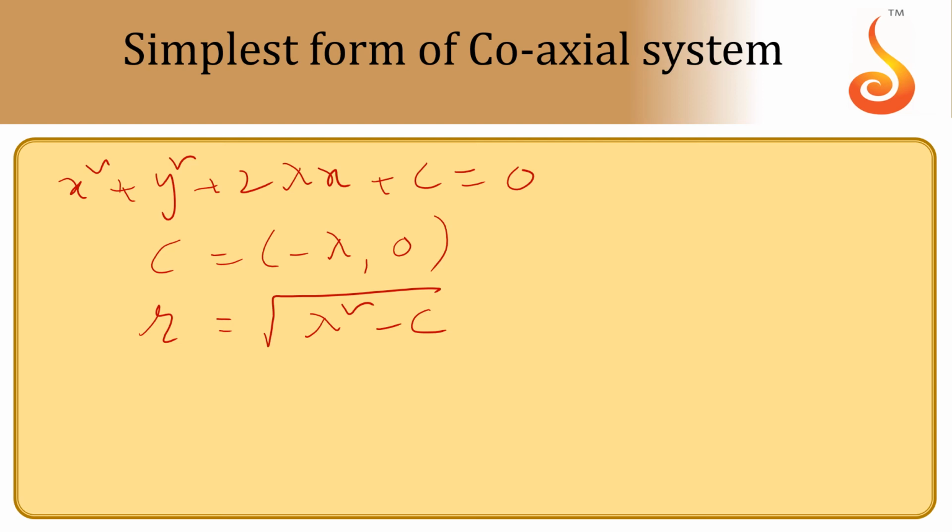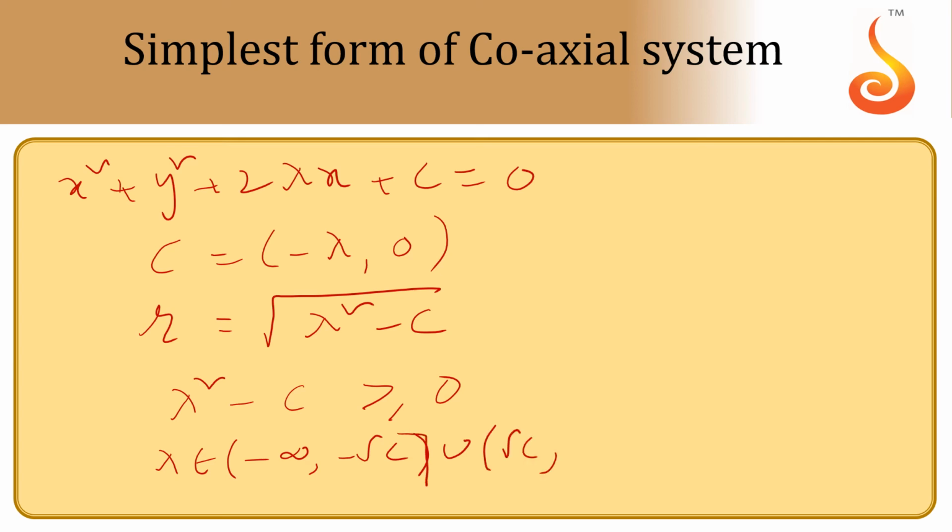This system is called the simplest form of coaxial system, and very clearly lambda square minus c should be greater than or equal to 0, then this says that lambda should be minus infinity to minus root c union root c to infinity, you can close it, root c to infinity.